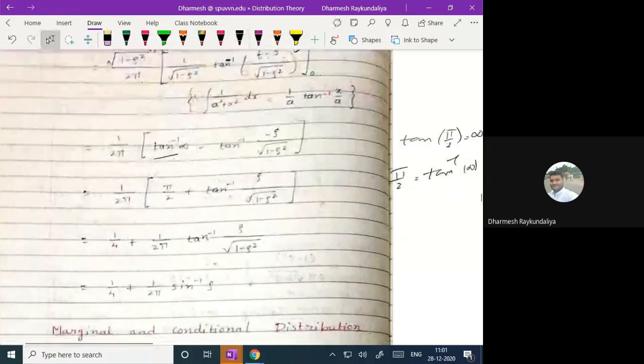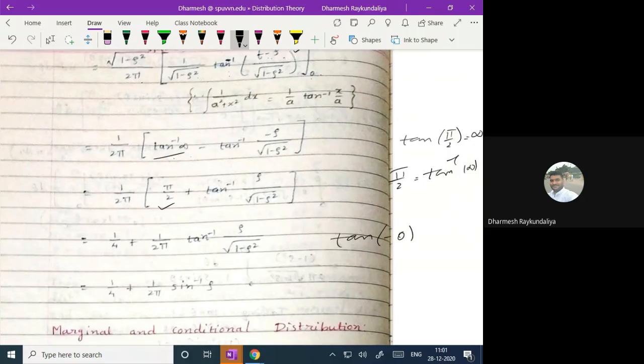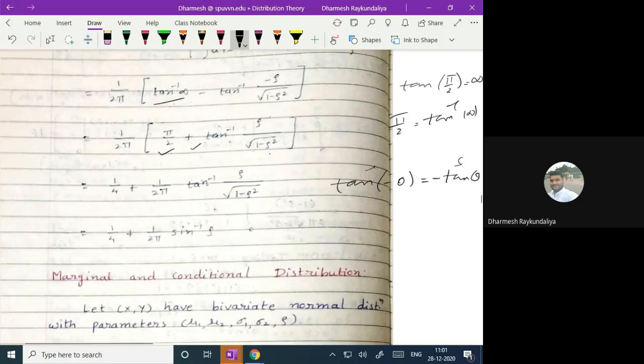Now tan inverse infinity is pi by 2, and we know that tan of minus theta equals minus tan theta, and the same result holds for tan inverse. So tan inverse of minus rho upon square root of 1 minus rho square, here the minus is outside, so minus minus becomes plus. So it is tan inverse rho upon square root of 1 minus rho square. Now I will take the 2 by pi inside. The pi will cancel out, so it is 1 by 2 plus 1 upon pi tan inverse rho upon square root of 1 minus rho square.